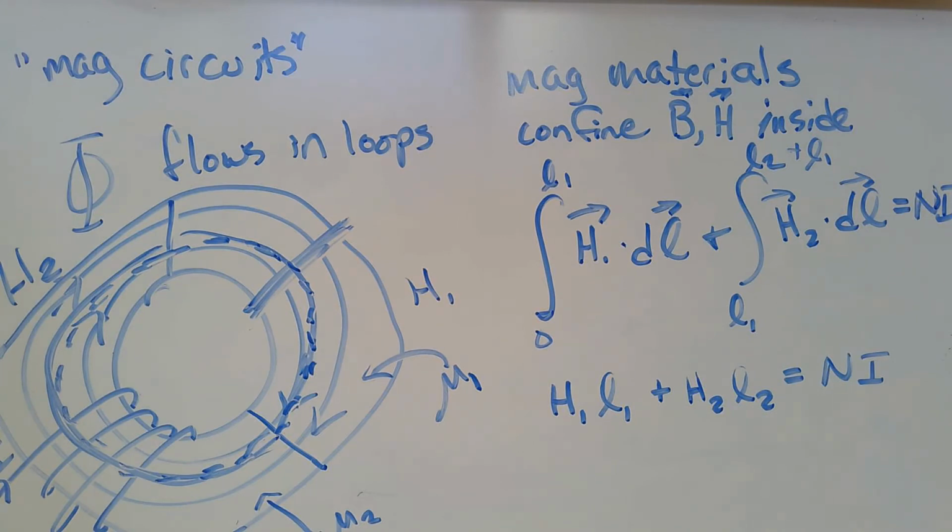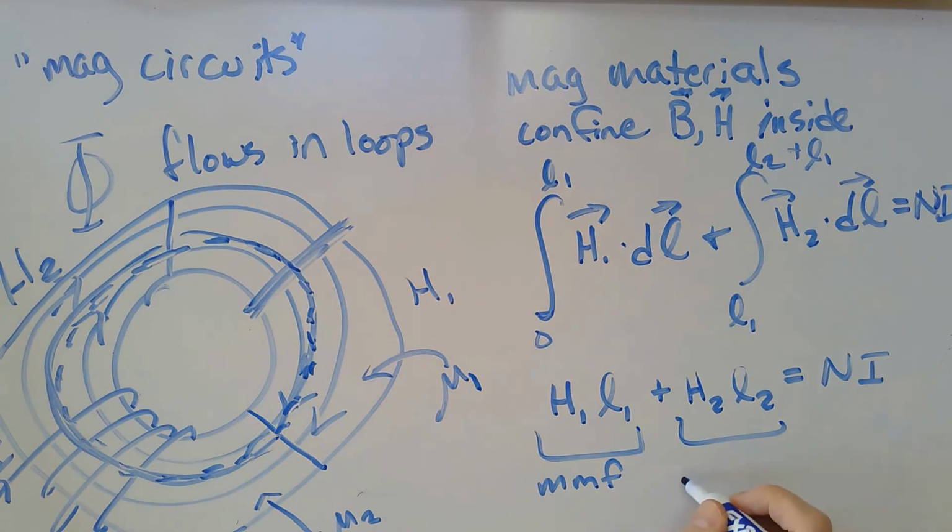Now we're going to define a new thing called the magnetomotive force, which for each of these segments is just H times L. Right, so this is the MMF, magnetomotive force, for each of the segments. We use a fancy letter F for that.